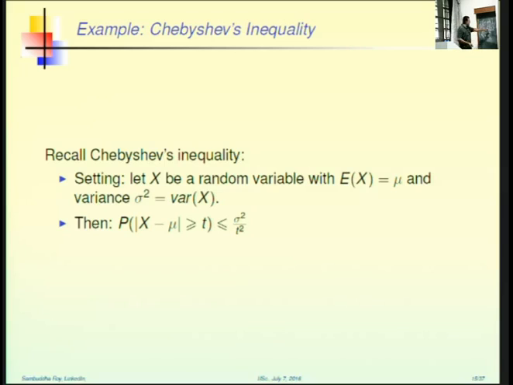So what is the expectation of x minus mu squared? By definition, that is the variance. Okay, so by definition, this is equal to sigma squared. So therefore, one can easily see how Chebyshev follows.